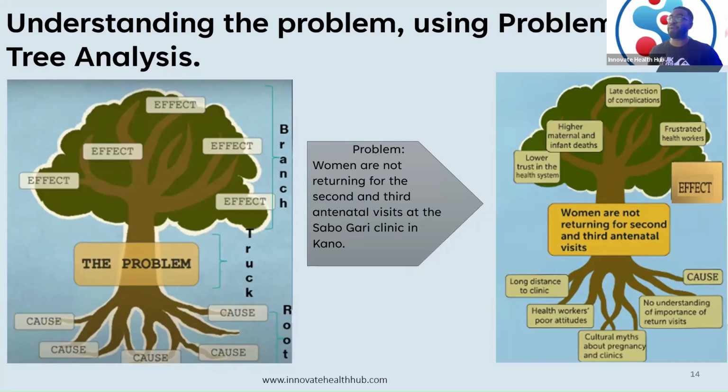The last thing I would say about this problem tree analysis is that at the end of the day, when you identify your problem, you realize that you don't necessarily need to solve the problem that you have in mind. You might end up solving what we call a niche problem. And this is what I want us also to go home with. You might end up solving a niche problem.